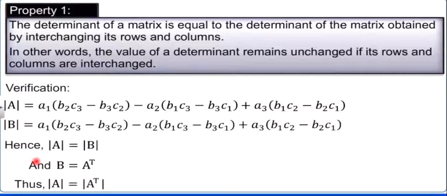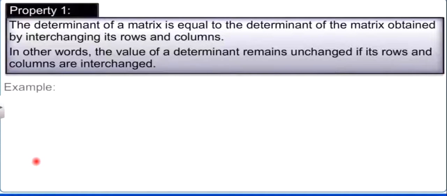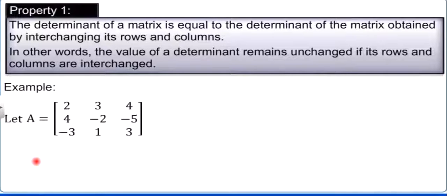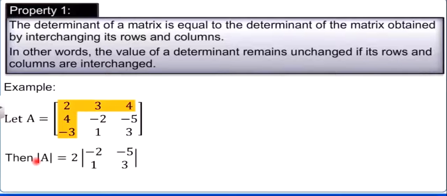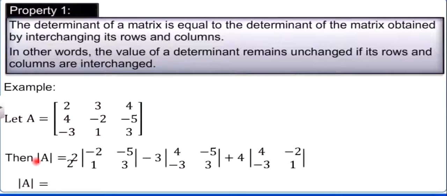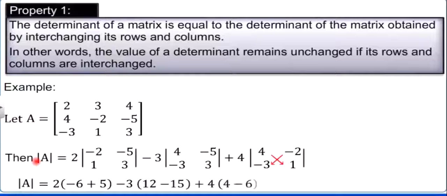Let's consider an example to verify the property. Let A be a 3 by 3 square matrix as shown. On evaluating determinant A along the first row, we get it equal to -1.